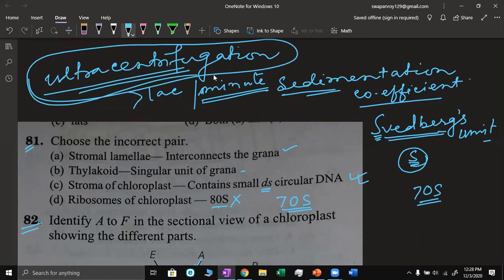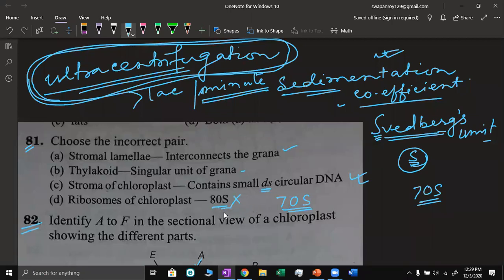And in the ultracentrifugation, how fast a particular substance sediments, that is, settles at the bottom, indicates the sedimentation coefficient. This is a physical property of a substance, like density, mass, etc. So this is used as an S value, and it also indicates the size of the molecule or the organelles.